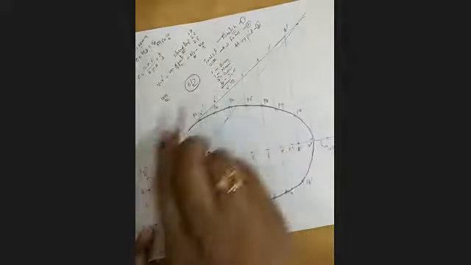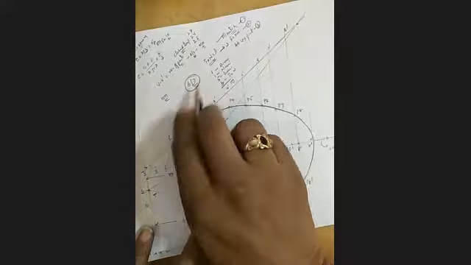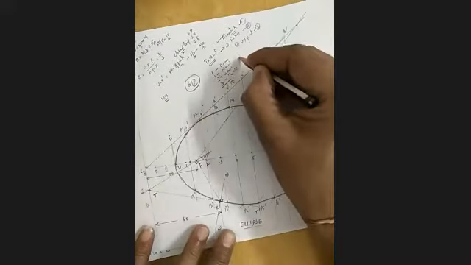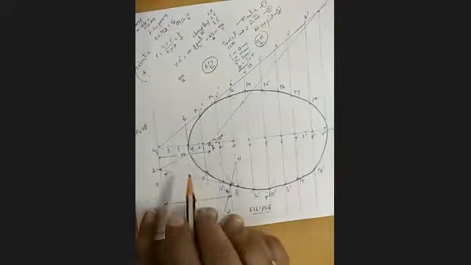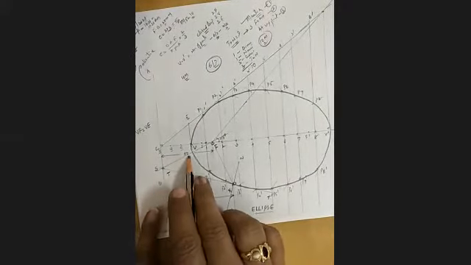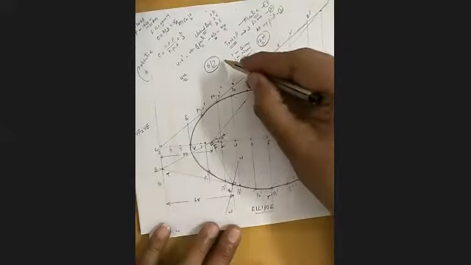If you add 5 plus 3, 9 plus 1, that is 10 marks. You may ask, what is dimension? One is this 50 mm, one is this 65. If you write these two, you will get 1 mark.